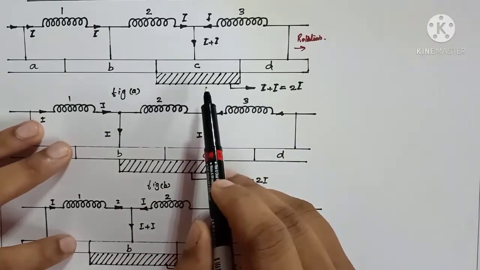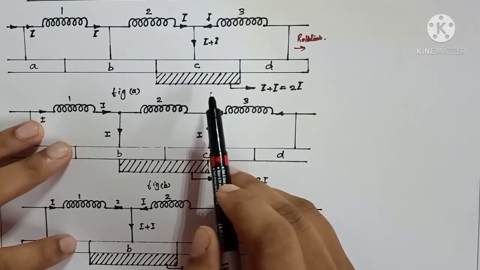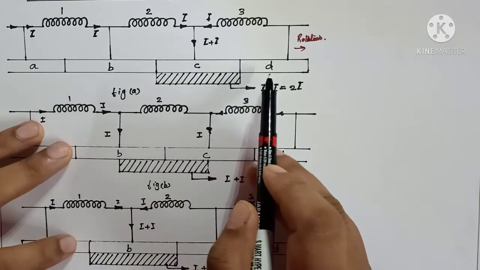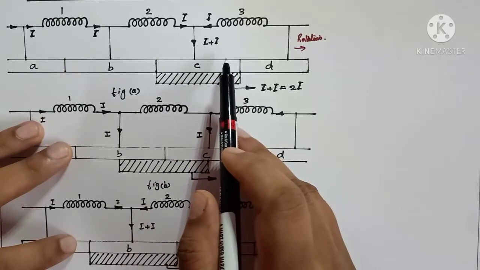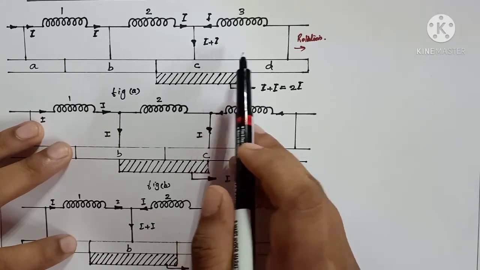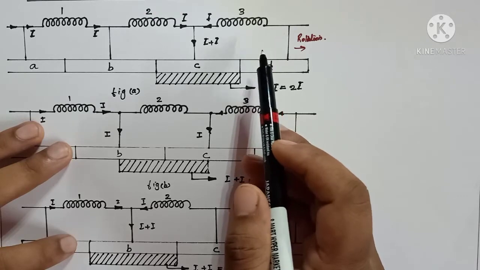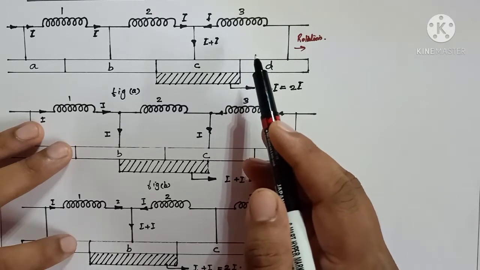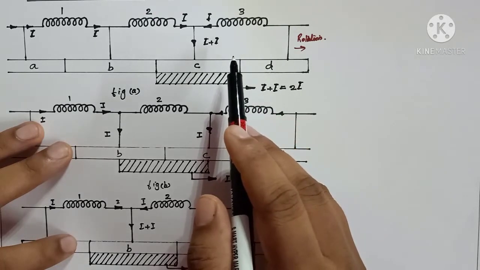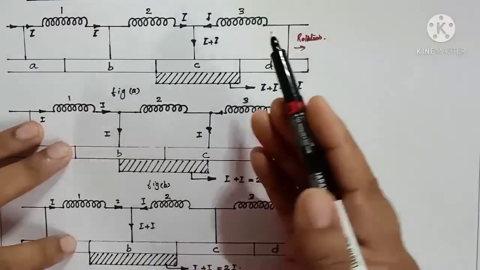We know that the brushes are stationary parts and the commutator segments rotate along with the armature coils, so they move from left to right, and the contact area of the brushes to the commutator segments may move from right to left.